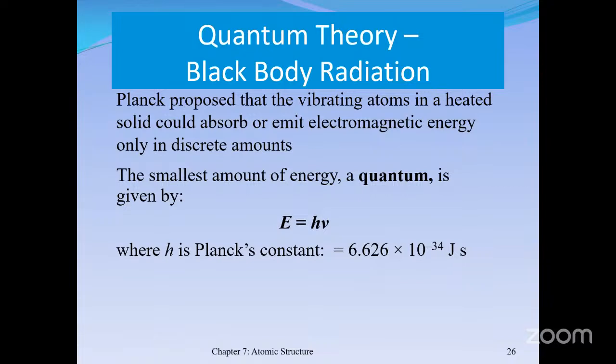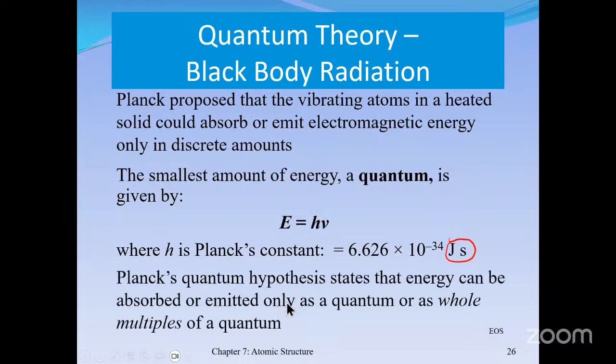And please note that the units of Planck's constant are joule seconds, not joules per second, but joule seconds, all right? So we can use that formula to calculate the amount of energy that is either absorbed or emitted by vibrating atoms, all right?